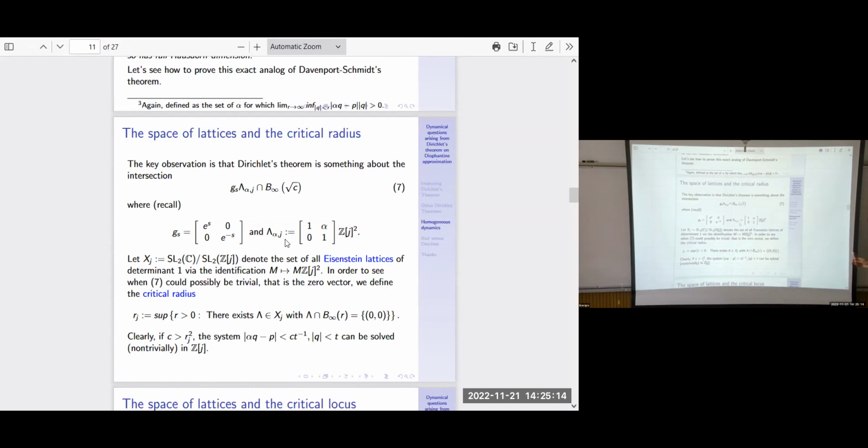Clearly, if C is greater than Rj squared, then this system can be solved for all sufficiently large t, just by definition of Rj.